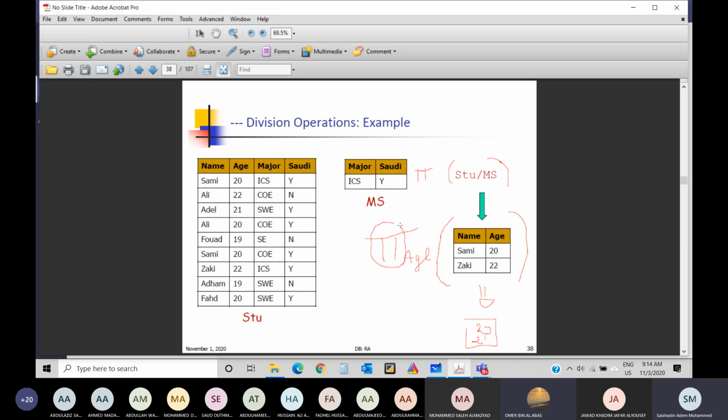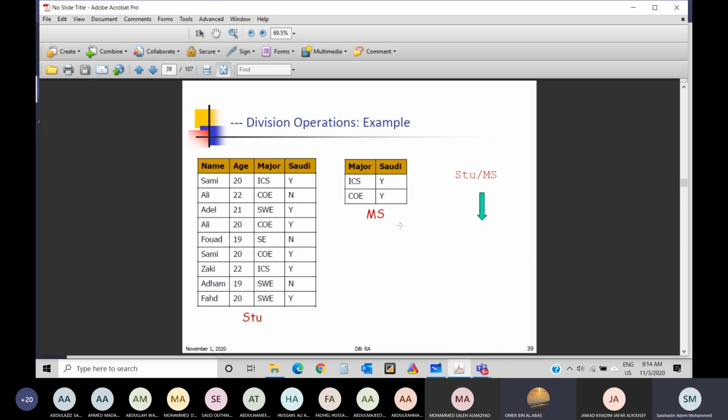Okay, so let's make it more difficult. What about now, Shabab? Tell me what is the output of this. I want you to do it. I think Sami 20. Because there is ICS and it's Saudi.